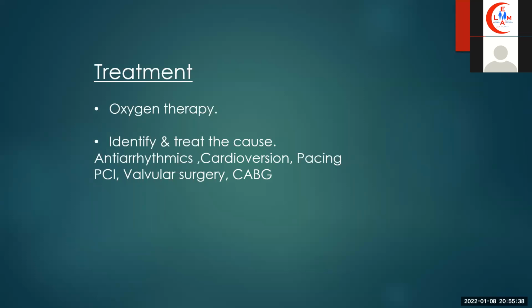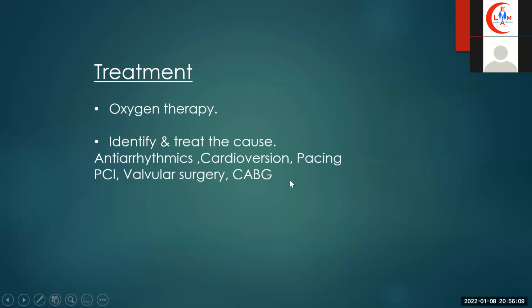Any patient with arrhythmias like fast AF or VTach who is unstable, as we are in a shock state, you need to do cardioversion. Pacing, of course, if the patient is bradycardic. You need to think about PCI for the patient who's having an MI, valvular surgery, and coronary artery bypass surgery.